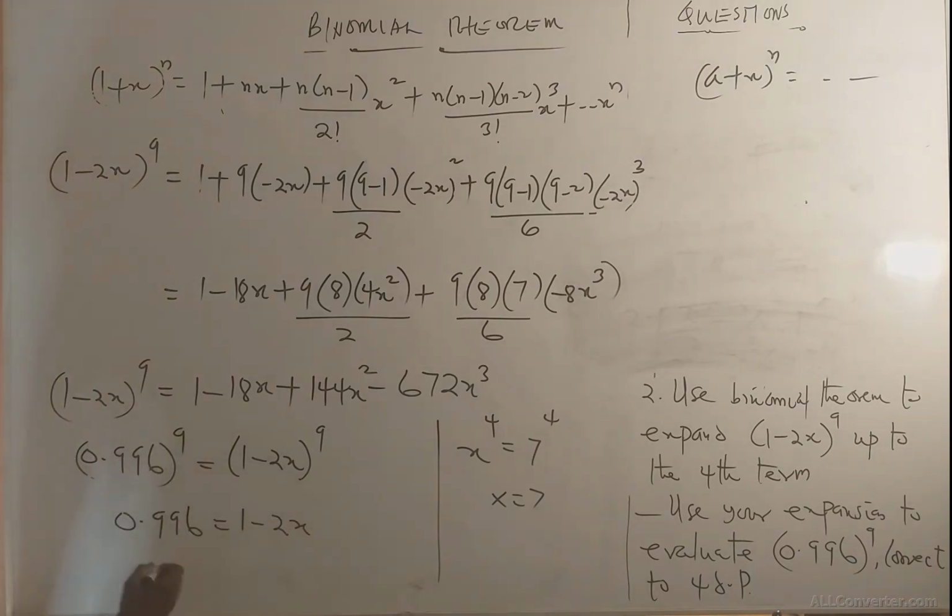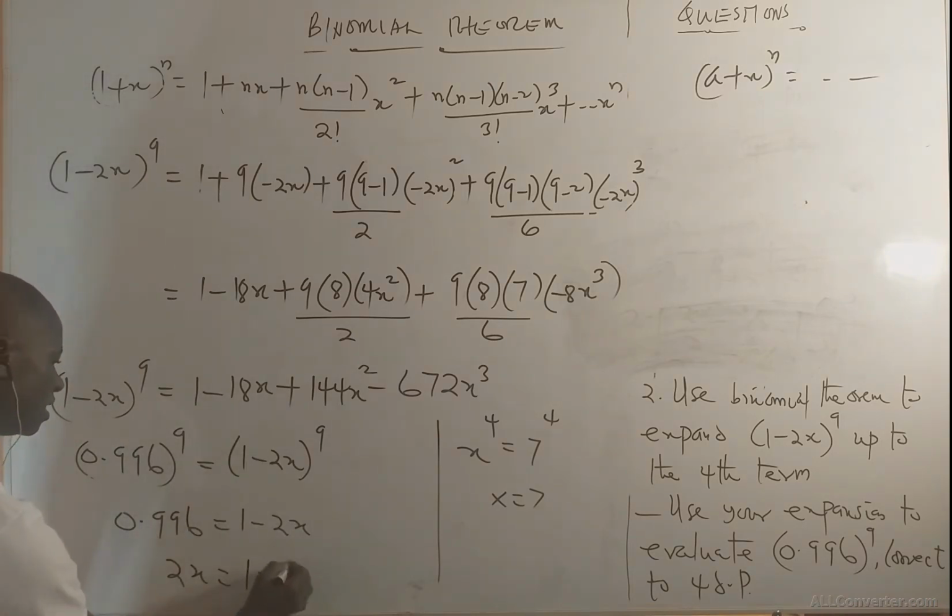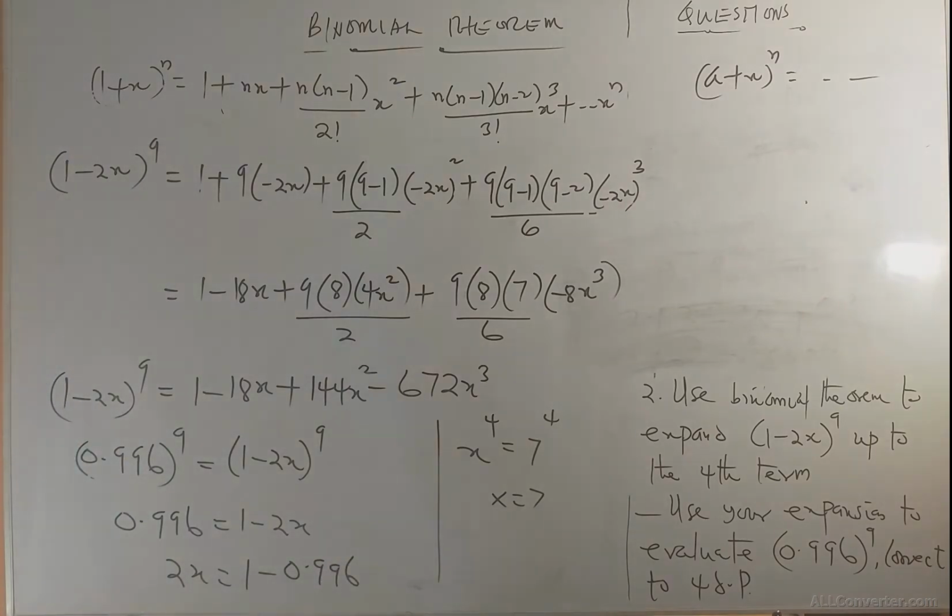So 2x on the left hand side, 1 - 0.996 on the right hand side. So in solving for that, 1 - 0.996 is 0.004.